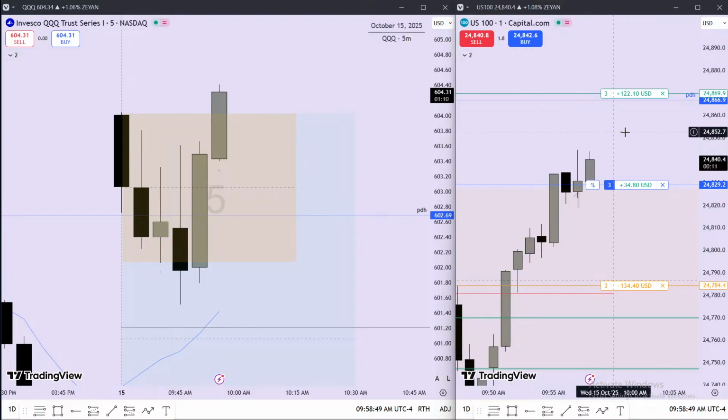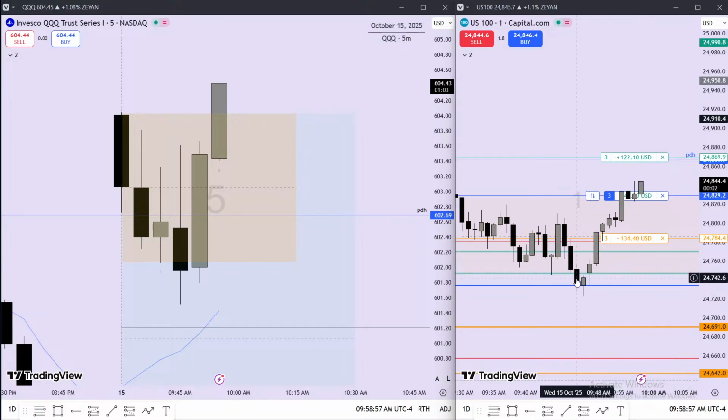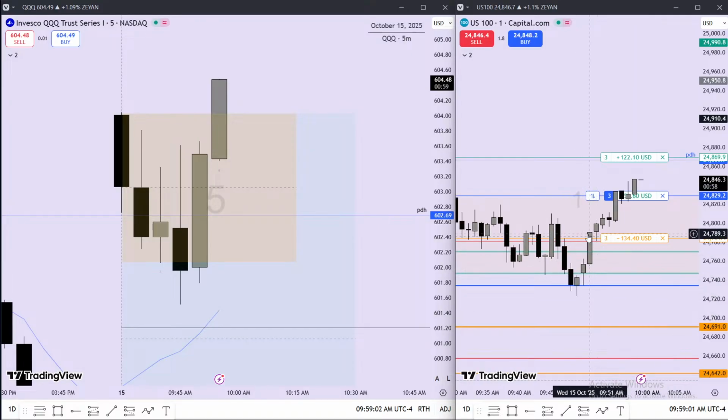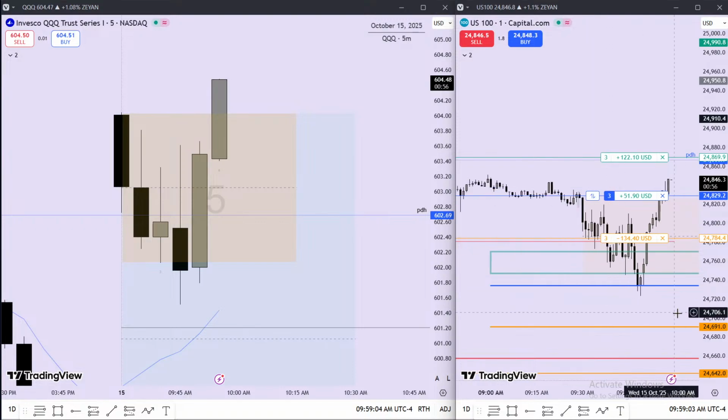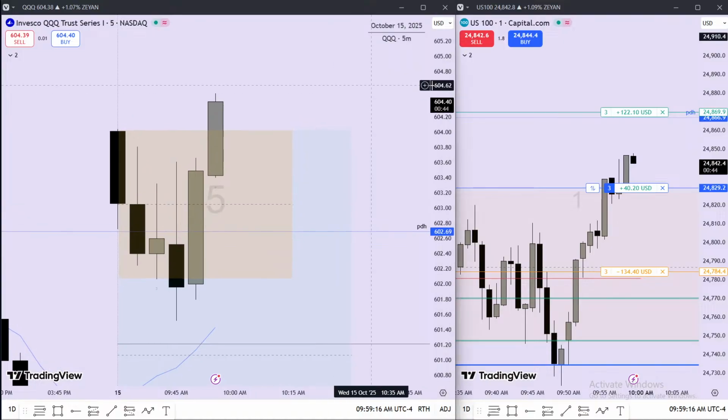Bulls do not have a reason to get out. If we get, for example, something of a surprise like this, this was a big surprise for the bears. If we get some sort of a surprise towards the downside, then it's going to be confirmed that it's a range and we are making an expanding triangle.